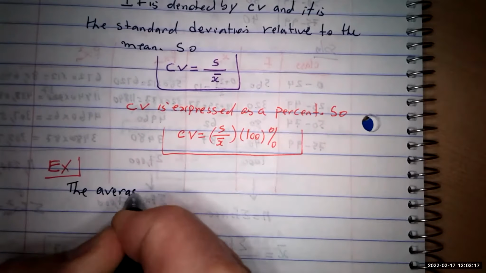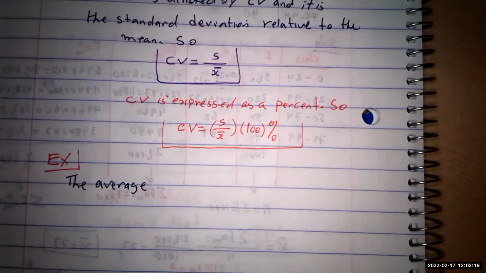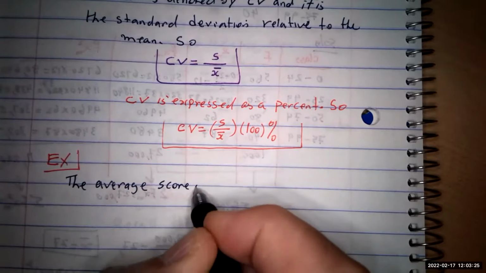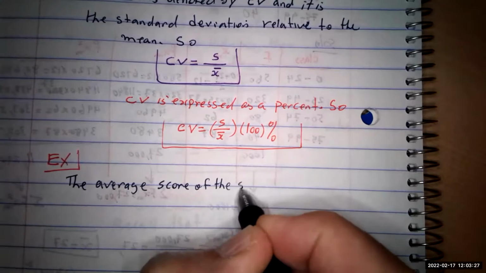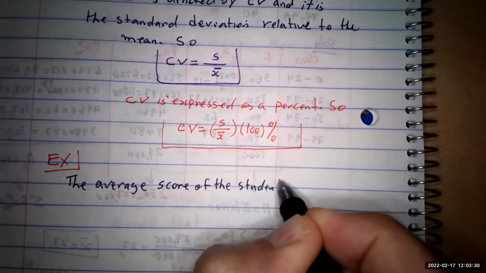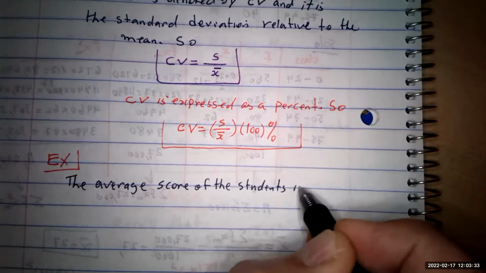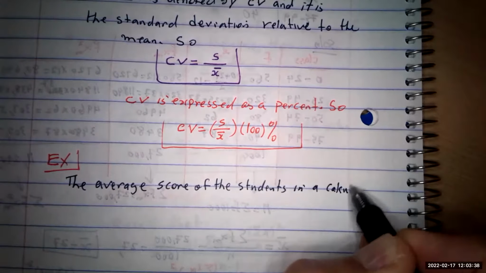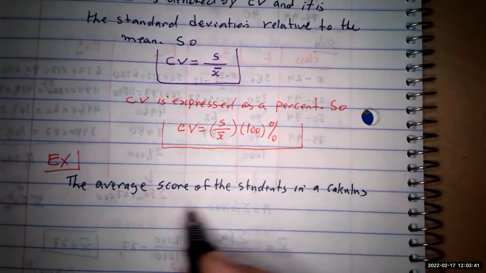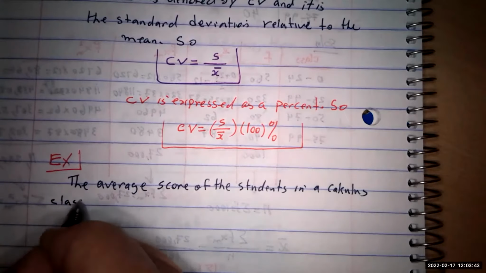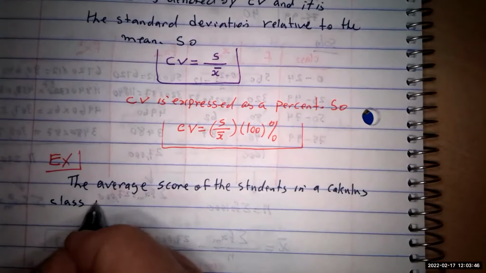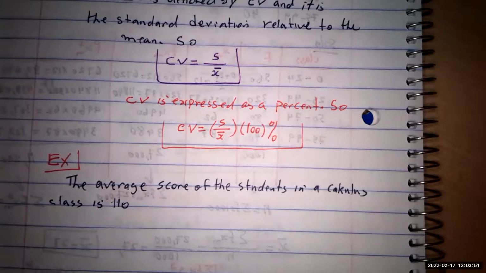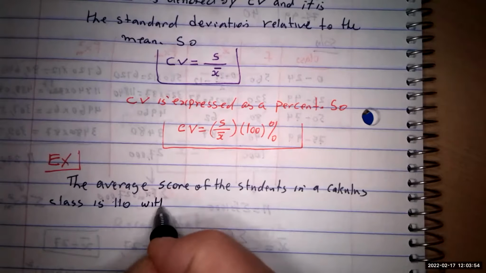Read it carefully and collect the information carefully. The average score of the students in a calculus class: the mean is 110, with a standard deviation of 5.